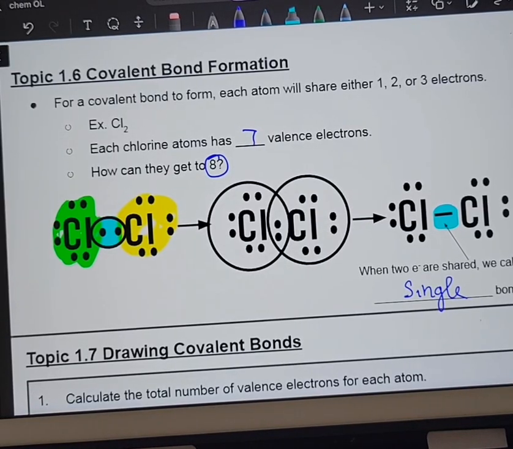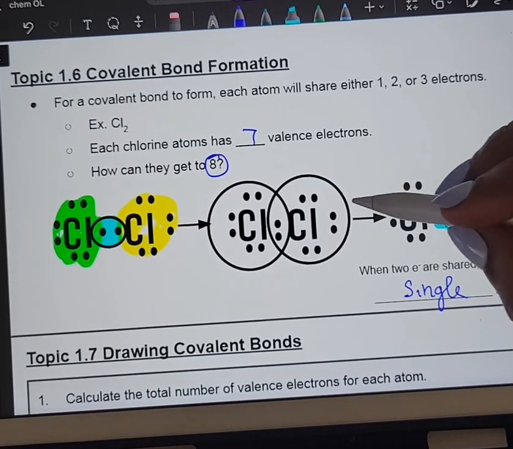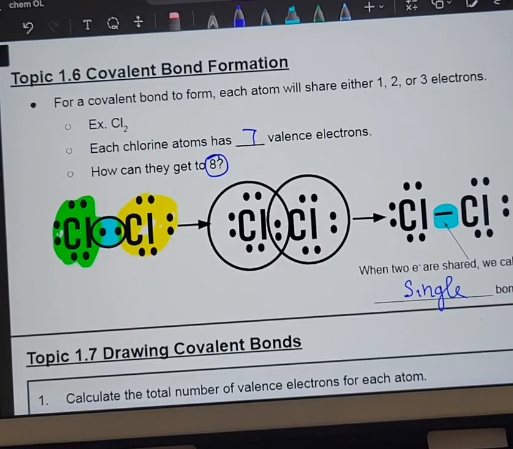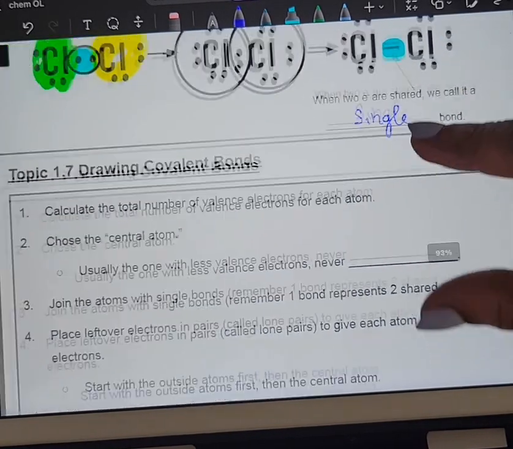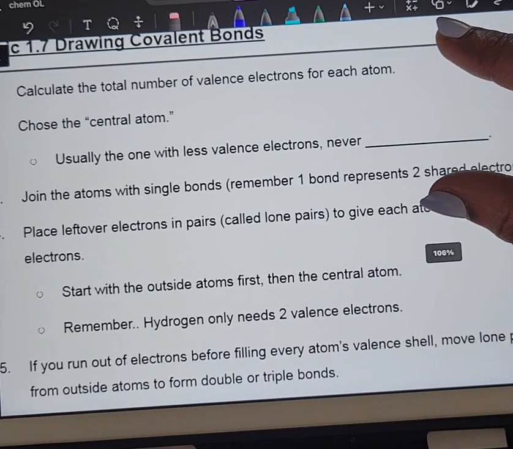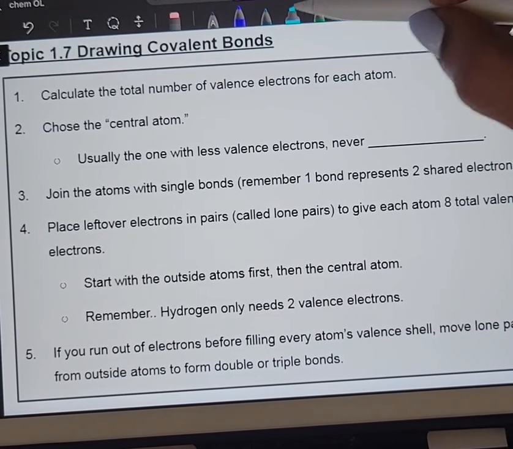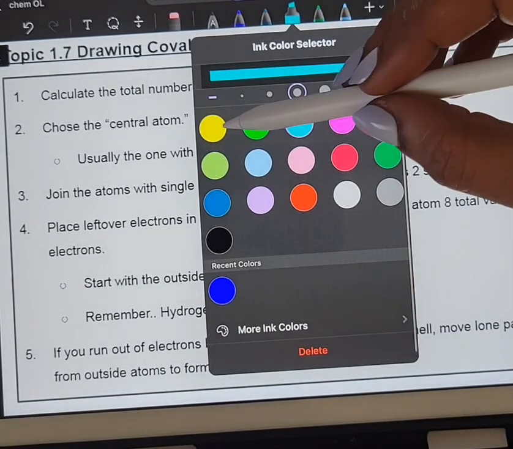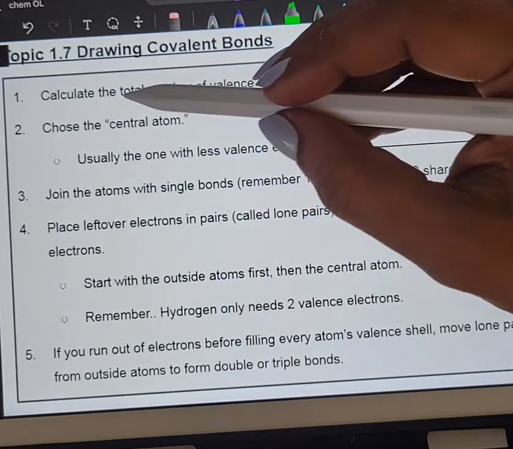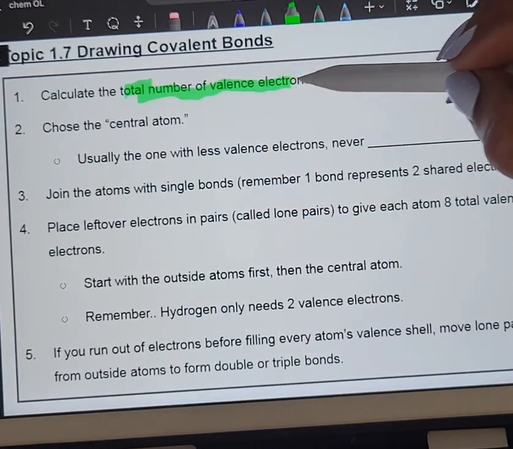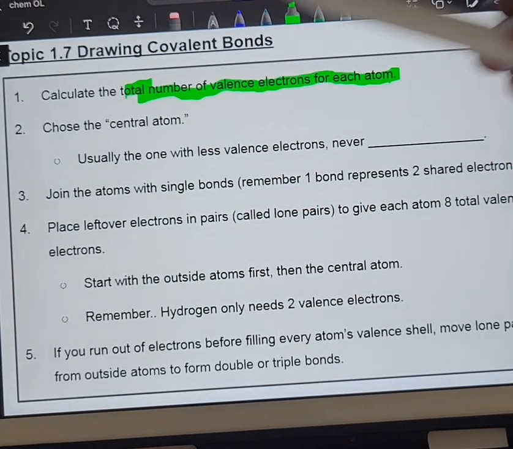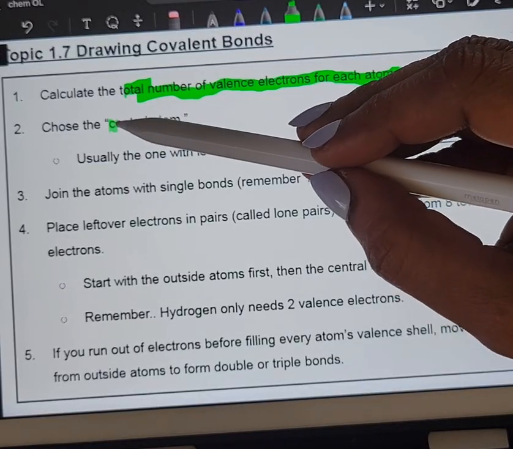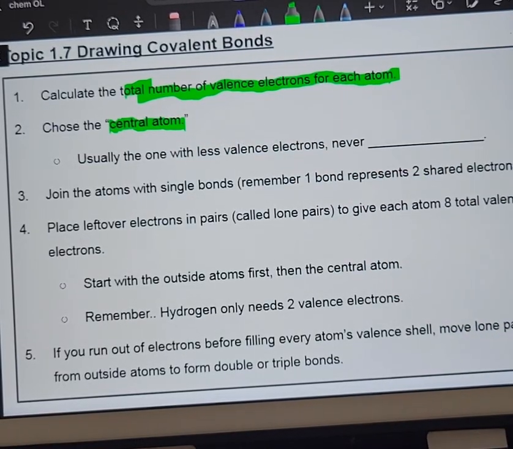Okay, let's do the Lewis dot. This is Lewis dot drawing for different examples. These are the rules. First you have to find the total number of valence electrons from both the atoms and decide which one goes in the center.